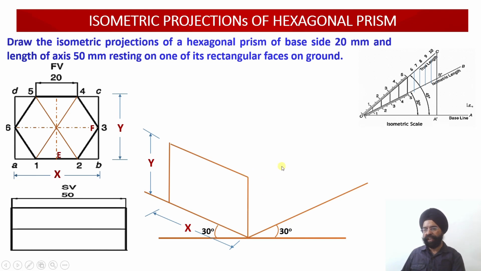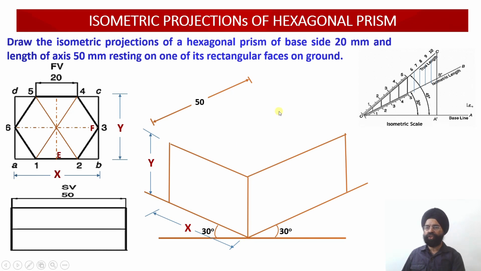Now I have to draw the depth also. The length of the axis is given as 50 millimeter, and this I have marked, again drawn parallel to the z-axis. So my z-axis will show the length of the prism. The front rectangular surface has been completed.